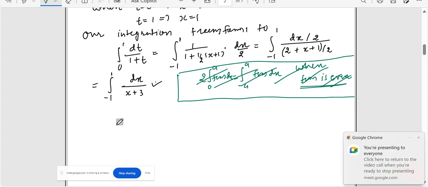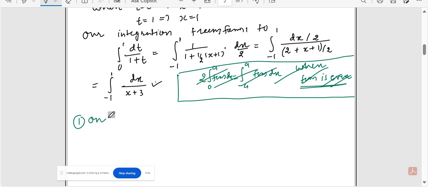Okay. Now I want to find the 1 point Gaussian quadrature, that means GQ. I am writing down GQ. Don't write down GQ in your examination. So that will be the integral from minus 1 to 1 of dx upon x plus 3. What is the formula? 2 times f of 0.